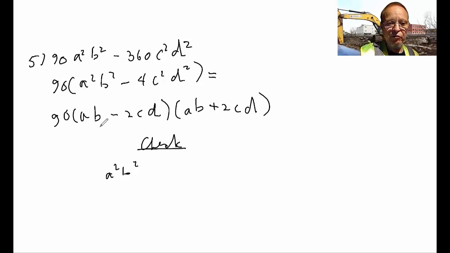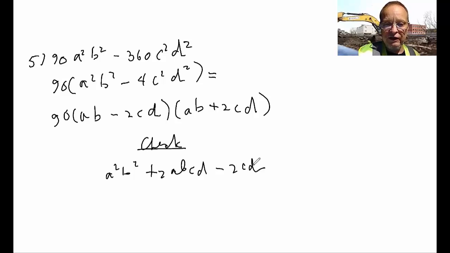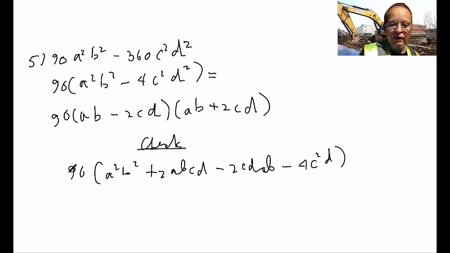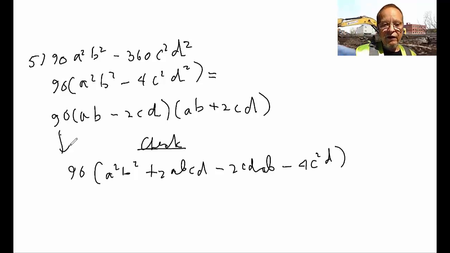Then I get plus 2abcd, and then minus 2cdab, and then finally minus 4c squared d squared, and then I'll put my 90 out here, which I'll bring from here.